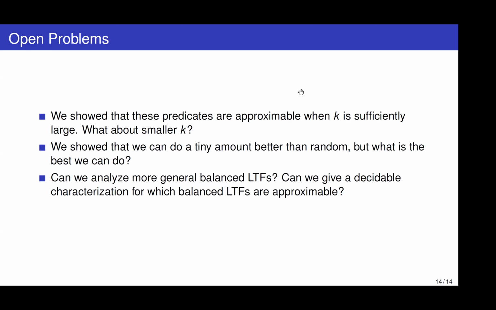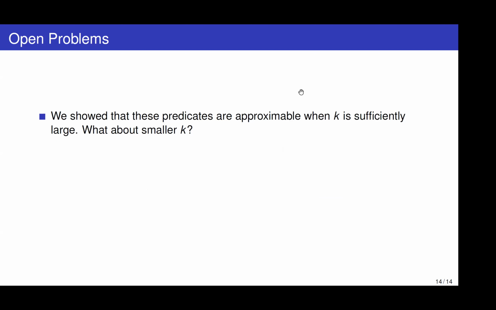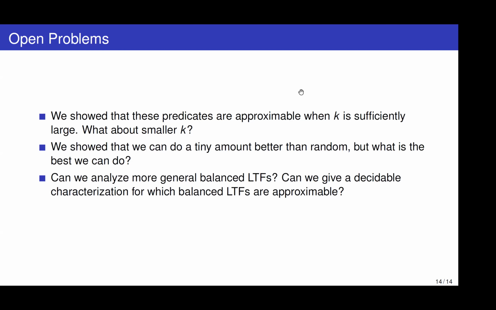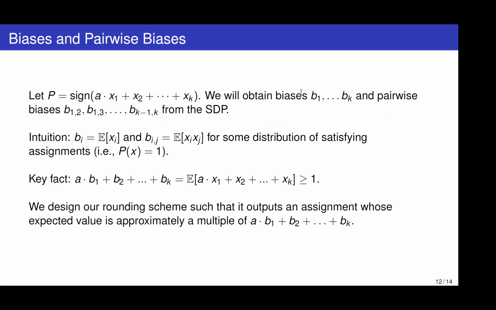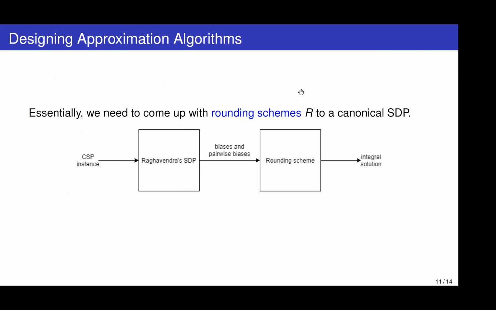So I have a question. You mentioned that you have these pairwise biases, but is there a general way that you can construct the distribution by giving these pairwise biases, or is there a natural limit to this? These pairwise biases actually come from solving this SDP.